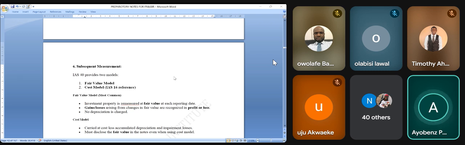But land you can't depreciate. Land appreciates. Land does not depreciate. And that is why the cost model is not all that applicable under the subsequent measurement of investment property. So it is always advised that we use the fair value model, which is like the prevailing market price around the property.